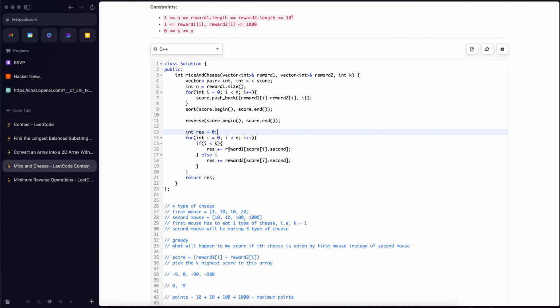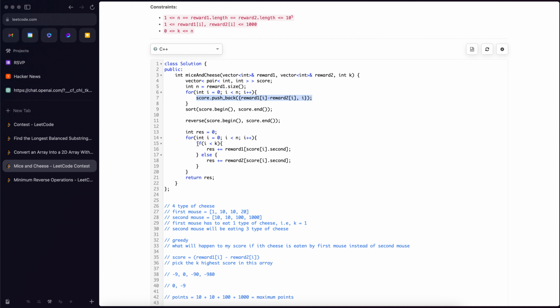That's why I have taken the point from reward 1, and score dot second just denotes the index, what type of cheese this is, which we had kept handy at the time of calculating the score.